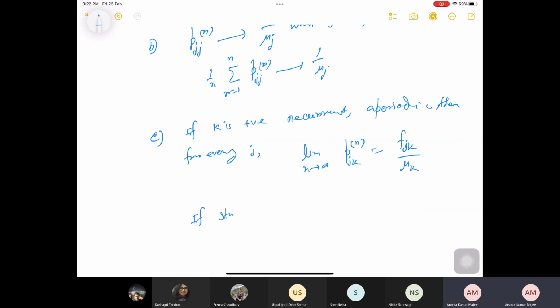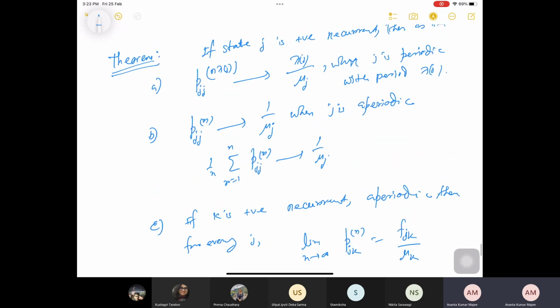And if your state j is null recurrent, then Pjj of n converges to 0 as n goes to infinity. These are not the classifications. The question is what happens as n goes to infinity, so these are the various cases.